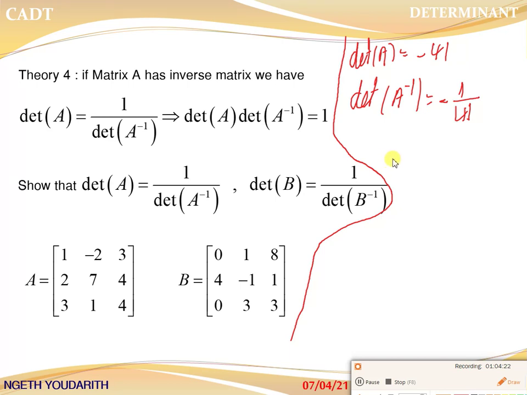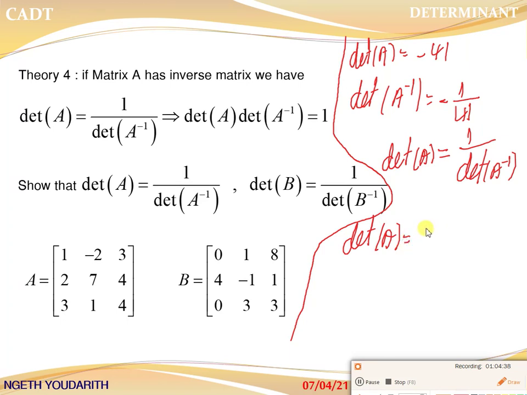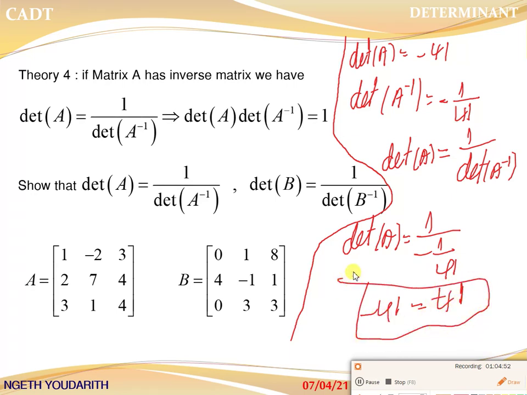So we get determinant A is equal to 1 over determinant A minus 1. So determinant A is equal to 1 over 1 over 41. Determinant A is minus 41. It is true. So we get determinant A is equal to 1 over determinant of A power minus 1.